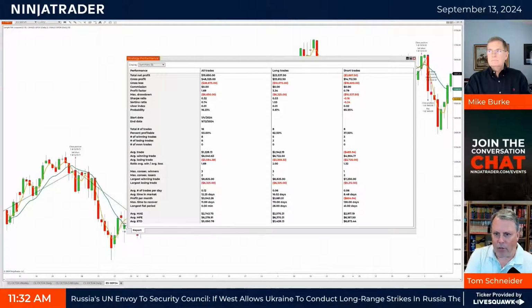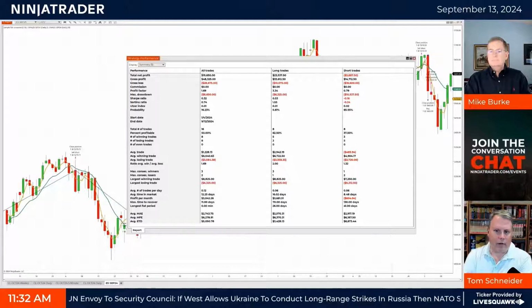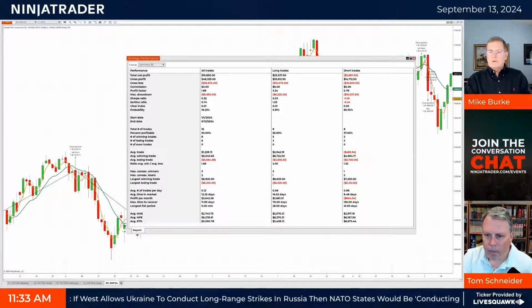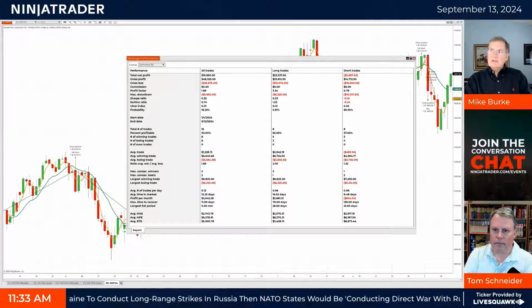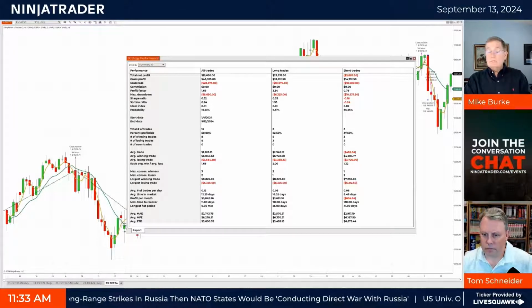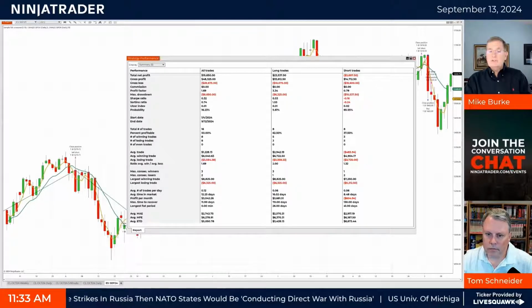I believe something like 1.25 is considered pretty average. Yeah, I agree. And again, this strategy is just a very simple reversing strategy. We're not trying to refine the exits here. So the risk profile is not as good as it could be if we started adding some additional risk management exits to this strategy.